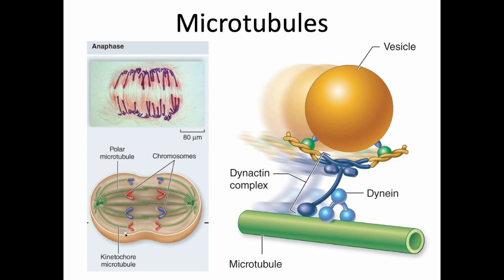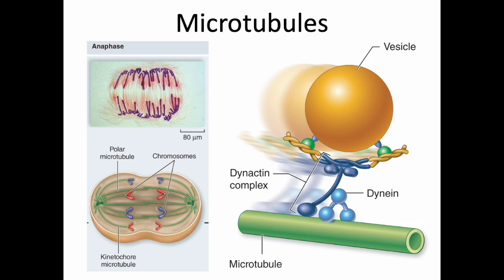When we get to our chapter on cell division, we're going to see these, I don't know why these conventions, every textbook does it the same way. I guess it's convenient. I don't know how they decided on this. These green, always green for some reason, microtubules are going to play an important role in cell division. But also, these microtubules play a very important role in transportation.